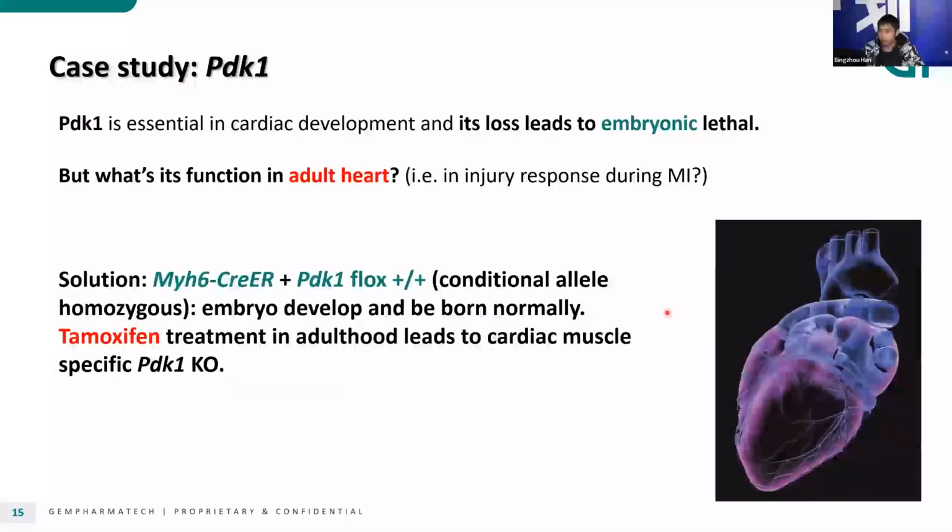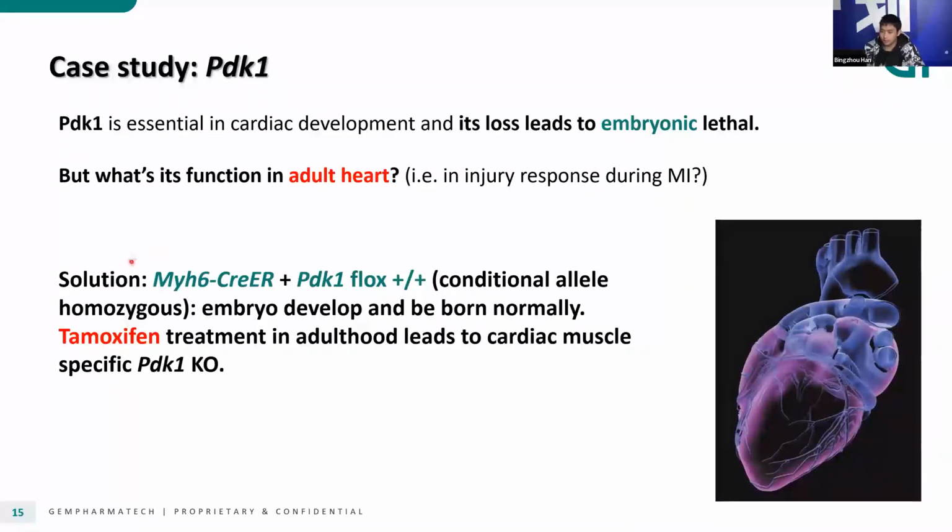Also, we already know that PTK1 is essential in cardiac development, but what is its function in the adult heart? If we do a myocardial infarction surgery on the mice, we want to see if it is functional in the heart injury response, or if it may contribute to the regeneration capacity of the heart.